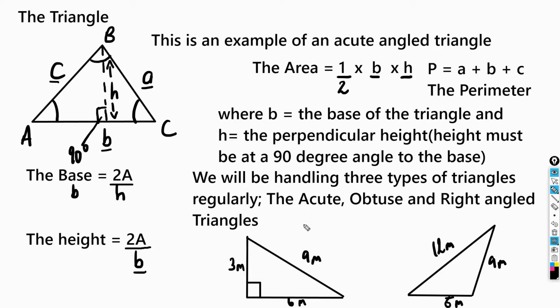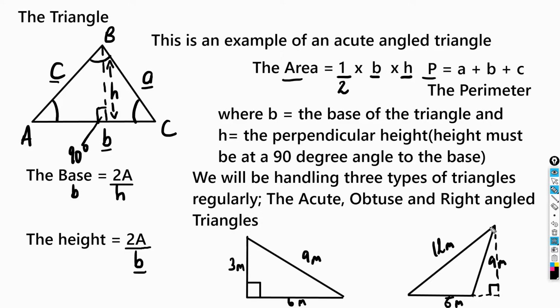So what we're gonna do now is look at some examples where we find the area and the perimeter of these acute triangles, obtuse triangles, and right angle triangles. Also, for the obtuse triangle, many times you'll be given a dotted line right here, and this dotted line represents the height. They would put a perpendicular sign here, and you would get the height.